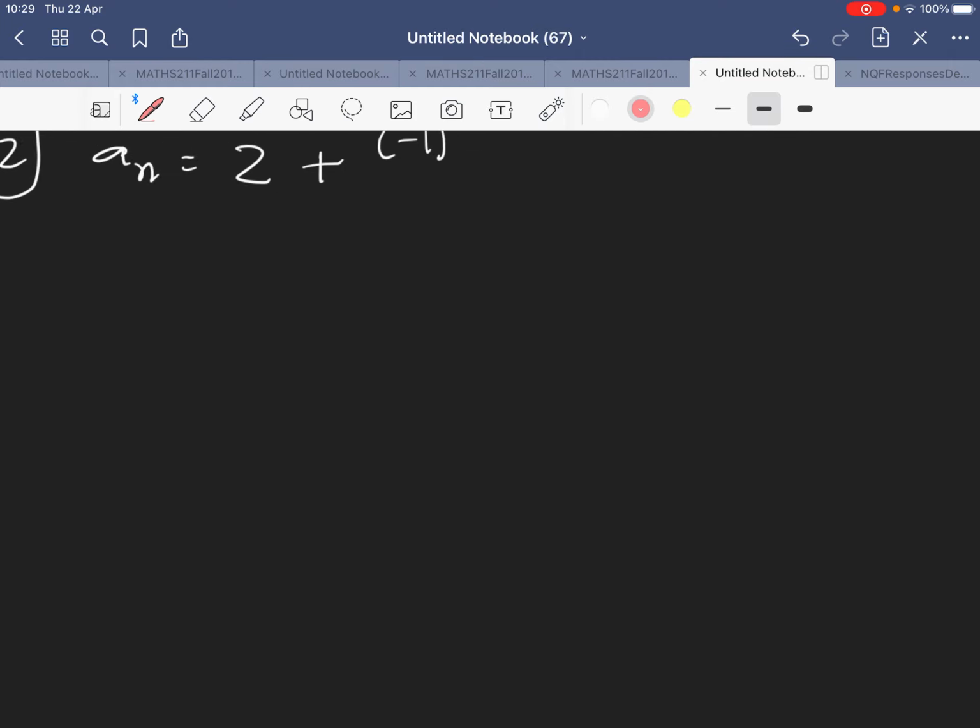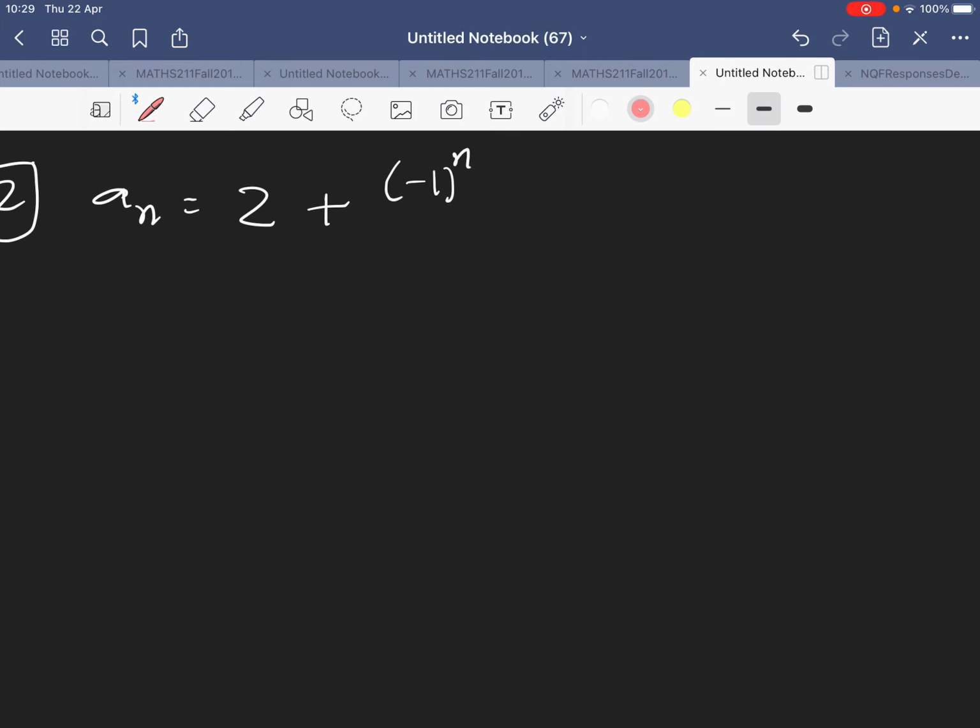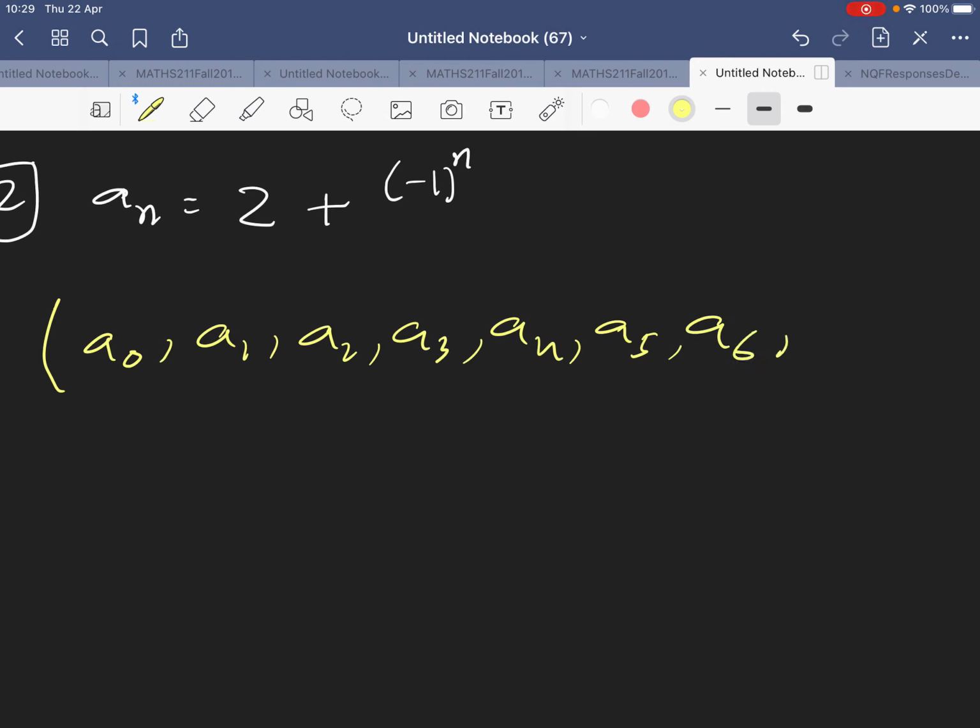The next example is this one. We have seen it. This is the alternating sequence here. For this one, let me write the first few terms because maybe we can even tell exactly what it is. I will start with a_0, a_1, a_2, a_3, a_4, a_5, maybe a_6, and that's it.